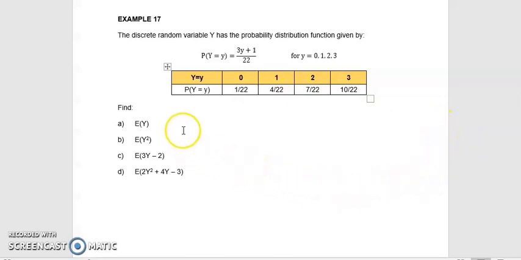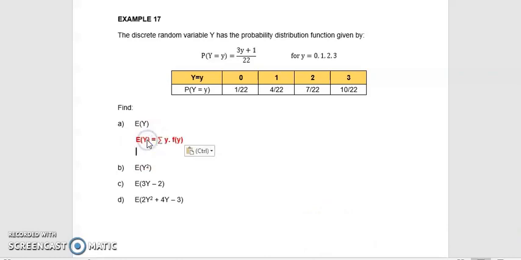Find E[Y]. Again, E[Y] equals the summation of y multiplied by f(y). The probability P(Y equal to y) can also be written as f(y), which also refers to the probability.